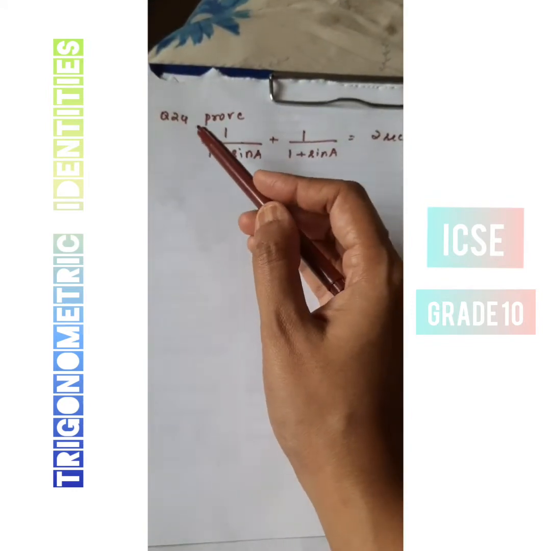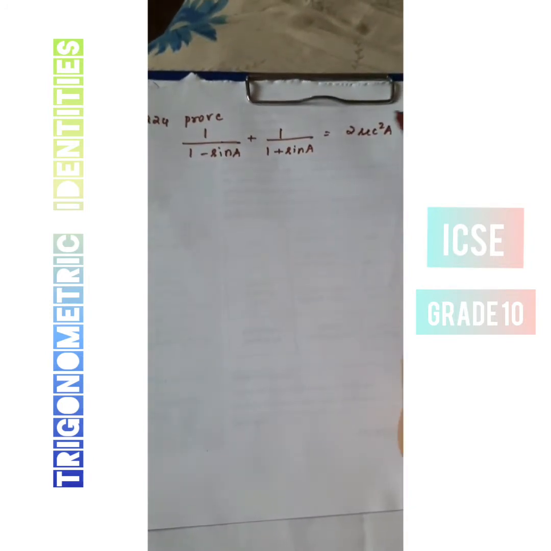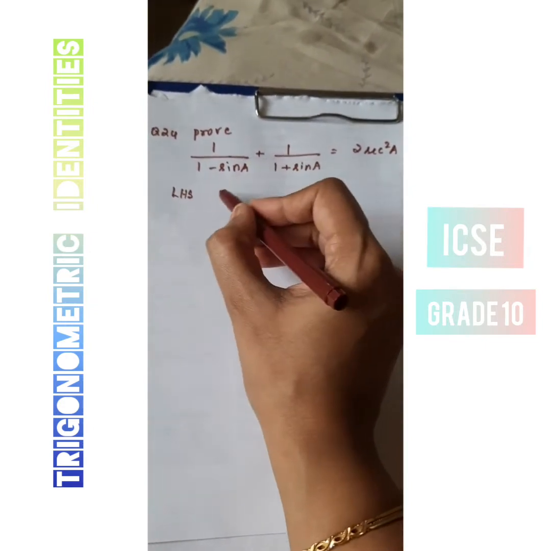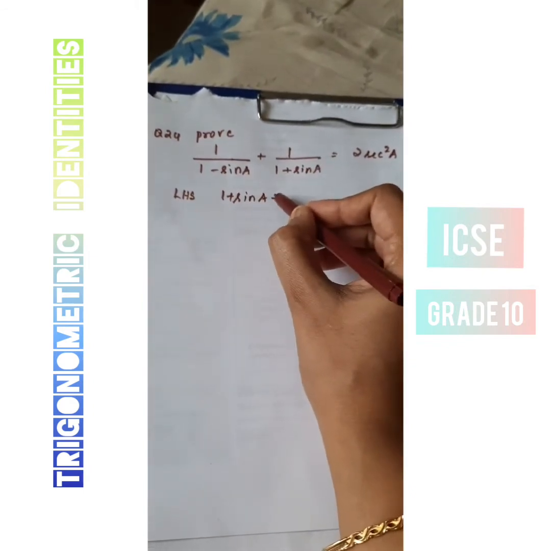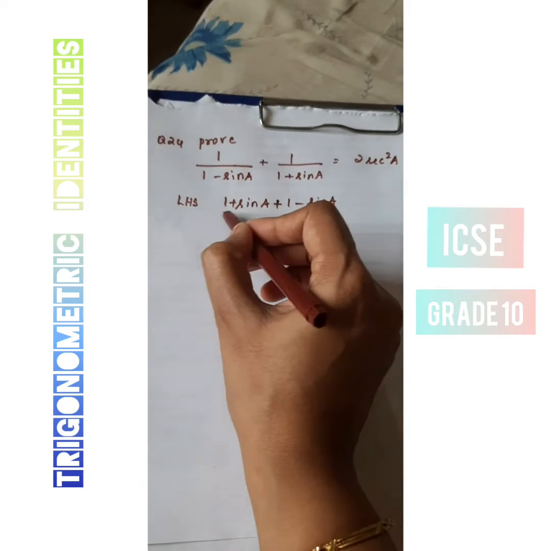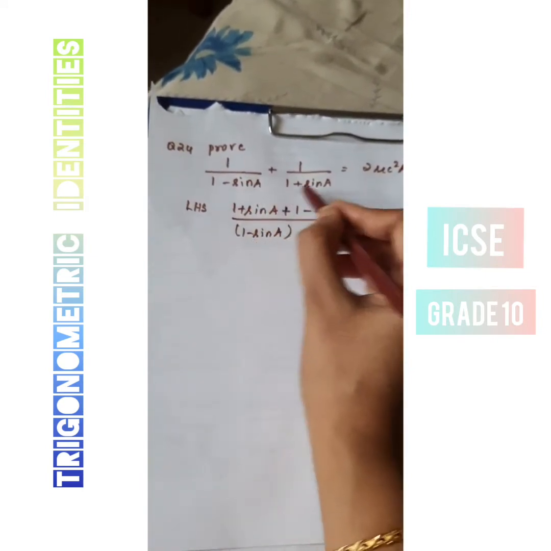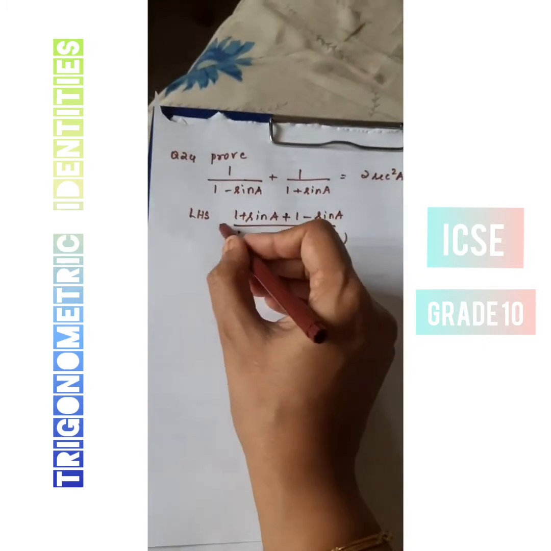Next question 24, again prove 1 by (1 minus sine a) plus 1 by (1 plus sine a) equal to 2 secant square a. So we can just do the LCM: (1 plus sine a) plus (1 minus sine a) divided by (1 minus sine a) into (1 plus sine a). That's again of form (a plus b) and (a minus b).